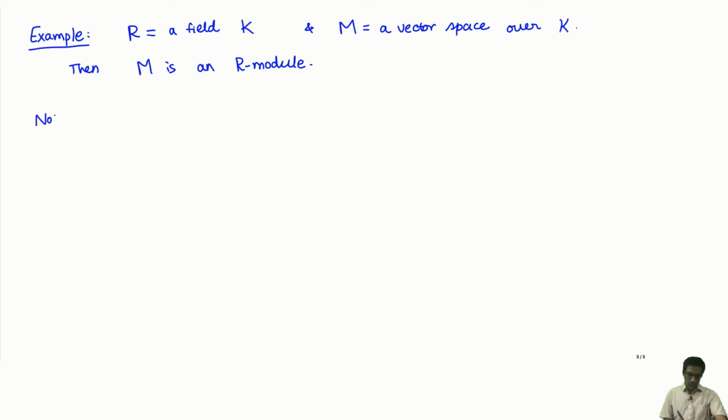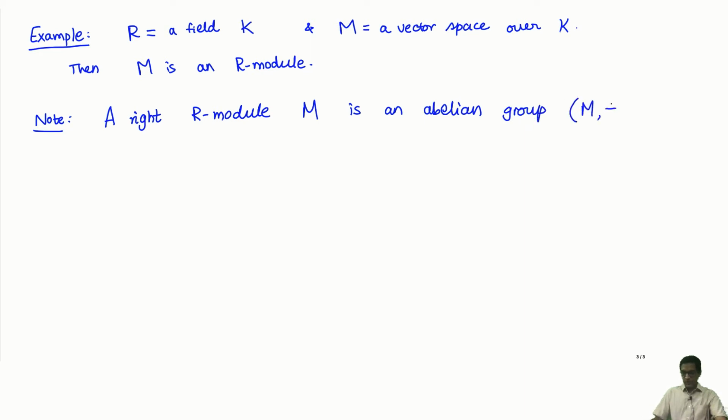Now here's a small remark. I defined left modules instead of right modules, so let me also tell you how you would define a right module. A right R module M is again an abelian group, let's say with a plus operation, satisfying almost the same axioms as before.